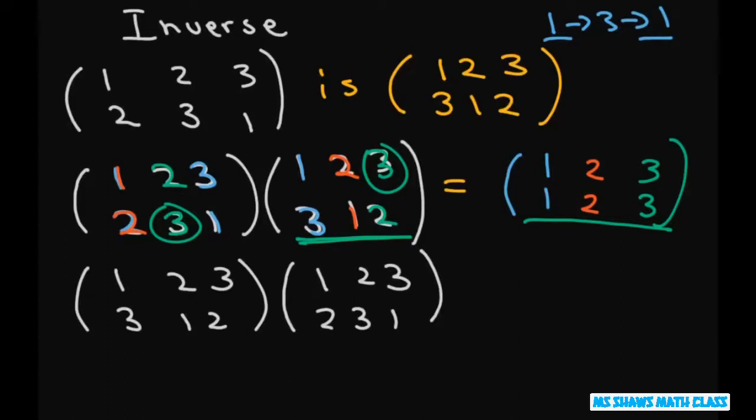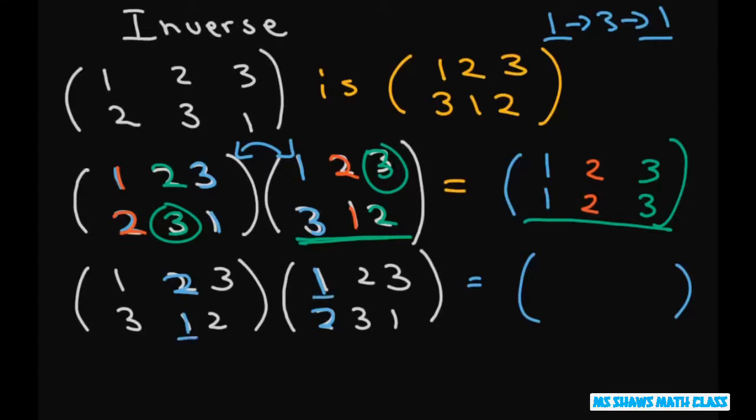Now we can do this again. And we're switching these two. Because the inverse has to work both ways. You have to do A inverse times A and A times A inverse, or whatever the binary operation is. So let's go here. 1 maps to 2, 2 maps to 1.